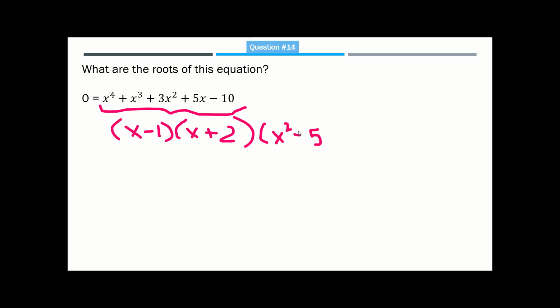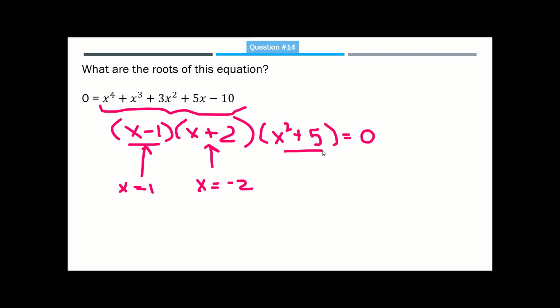I'm sorry, x squared plus 5. So we have a single solution here, or a root, at x equals 1. We have a single solution here at x equals -2.